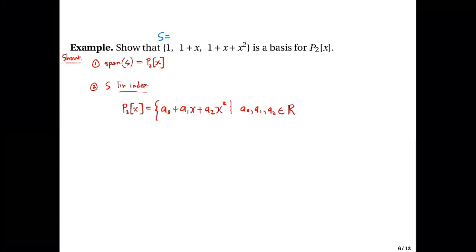These are the elements of your P2(x). So this is your first vector, 1, second vector 1 plus x, third vector is 1 plus x squared.